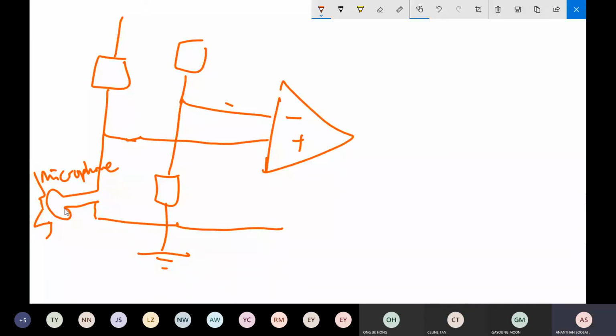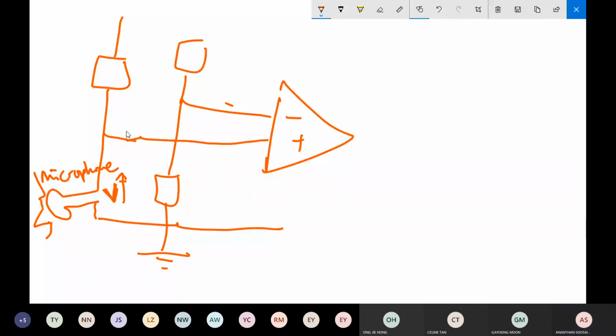What does the microphone do? The microphone will convert the sound into electrical energy. So there will be a voltage created here, and as the voltage rises, the input positive will rise.